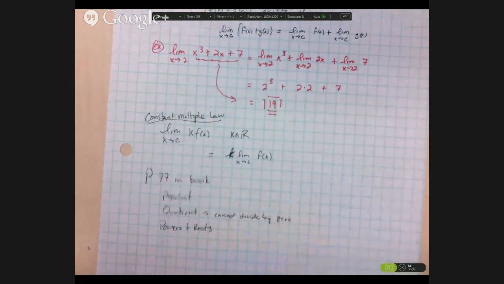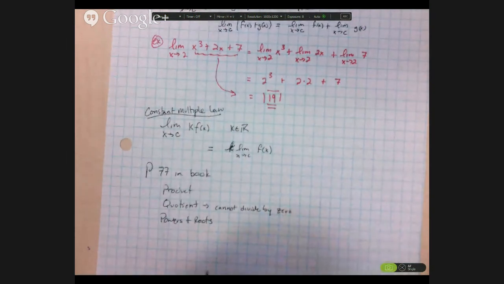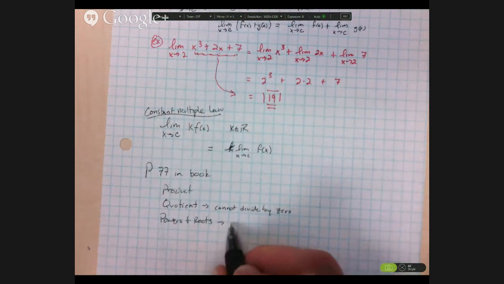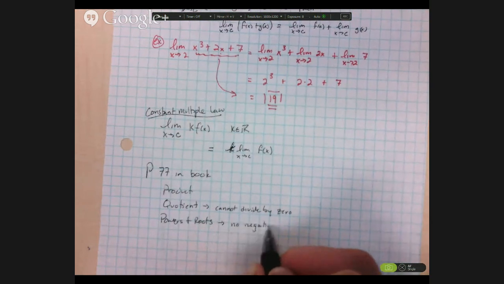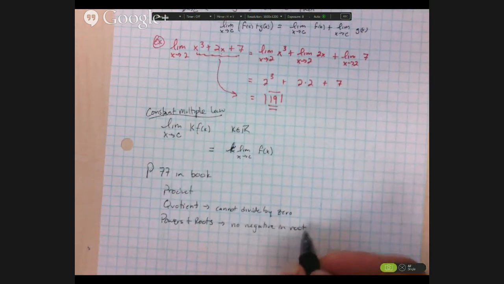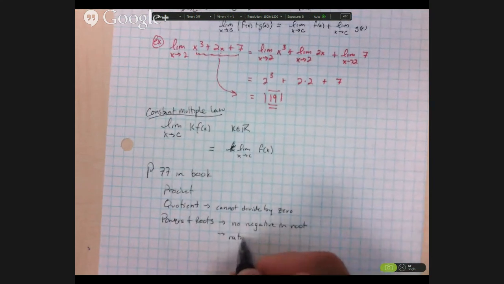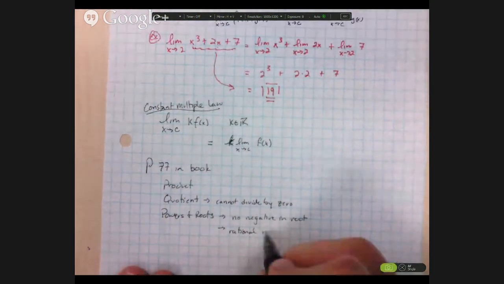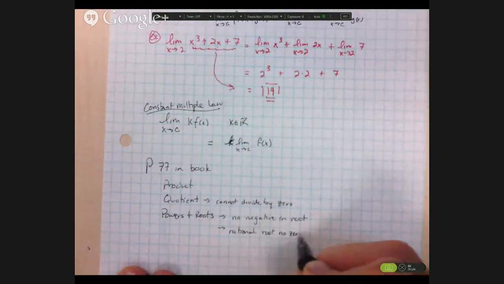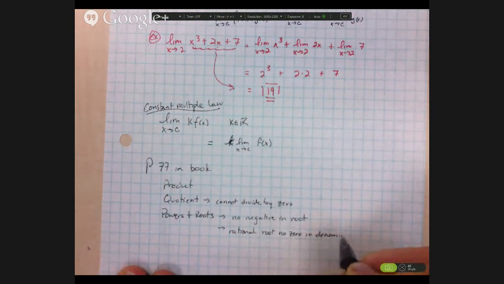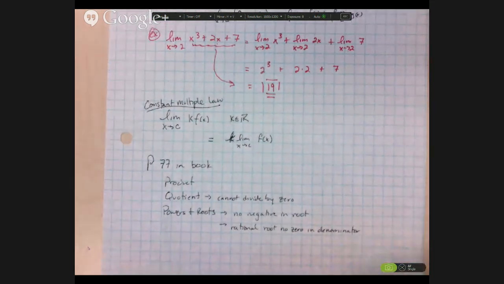You cannot divide by 0 with the quotient, and the powers and roots have some qualifiers, like no negative in a root, a rational root, that's a fraction, no zero in the denominator, stuff like that. I'll run through a couple examples and we'll be done.